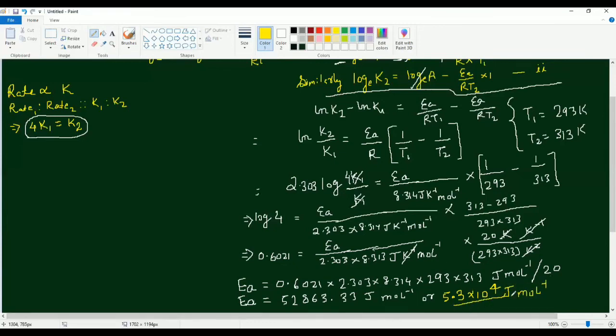So in both ways the answer can be written. Now this answer you will only get if you have enough time to calculate these long values.